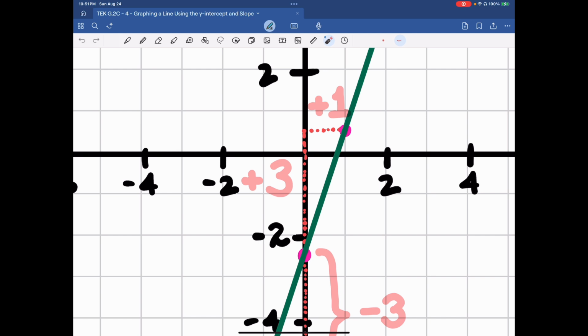Again, our y-intercept is right here at the negative 2.5. Our slope tells us to go up 3 units. So that's going to bring us from a negative 2.5 to a negative 1.5 to a negative 0.5 to a positive 0.5. So here's our 3 units going up. 1, 2, 3. And then we're going to go 1 unit over. And that brings us right to where the line is located.